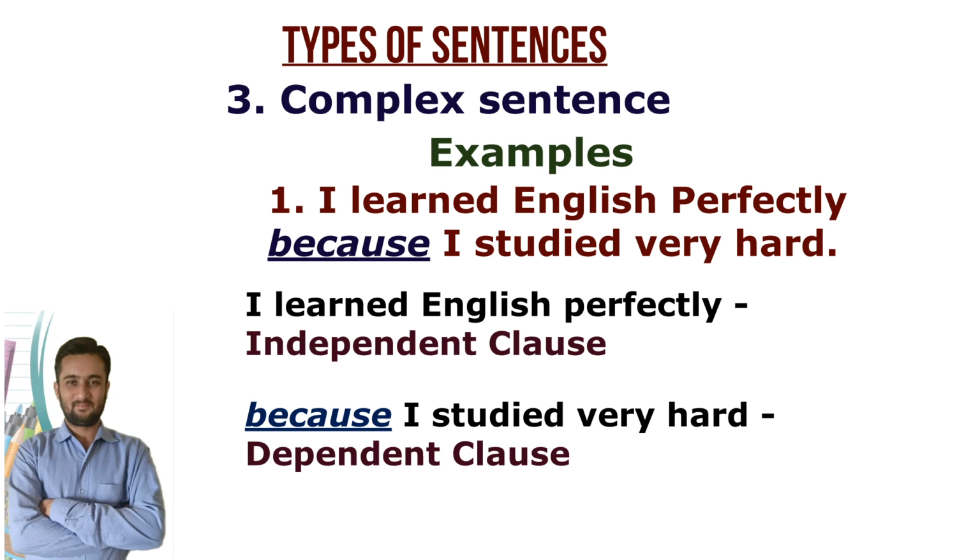While in the second part, you can see, I studied very hard, that part starts with a subordinating conjunction word, because. That's why that part is called a dependent clause, dependent part. So here, I learned English perfectly is independent, and because I studied very hard is called a dependent clause.